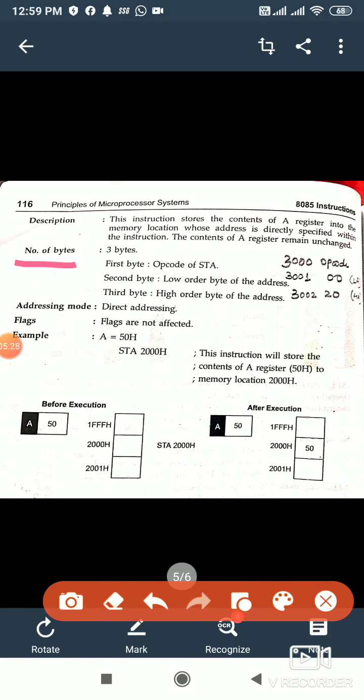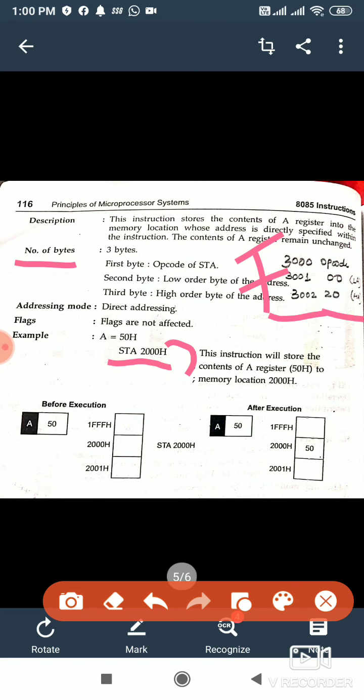If we start with 3000 and write the same instruction as STA 2000, it means at 3000 we will write the opcode of STA. At 3001 we will write the lower order byte of the address, that is 00. At 3002 we will write the higher order byte of the address, that is 20.